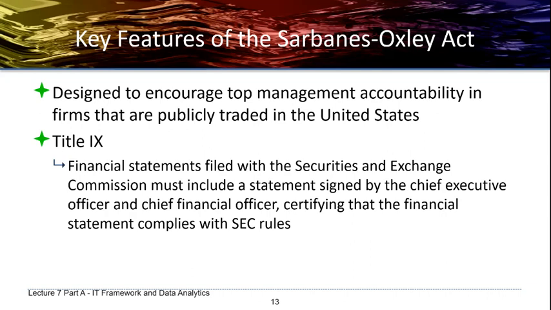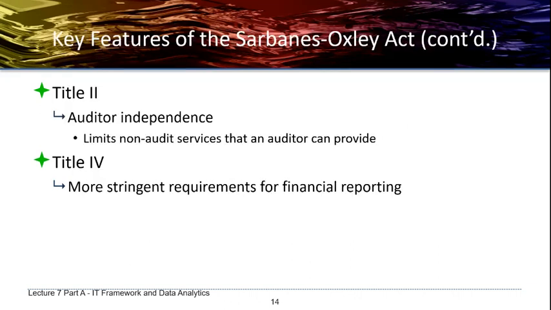So Title 9: financial statements filed with the Securities and Exchange Commission must include a statement signed by the Chief Executive Officer and the Chief Financial Officer certifying that the financial statements comply with Securities and Exchange Commission rules. And Title 2, auditor independence, limits the non-audit services that the auditor can provide. The problem is Arthur Andersen was paid millions of dollars for non-audit consultant services.